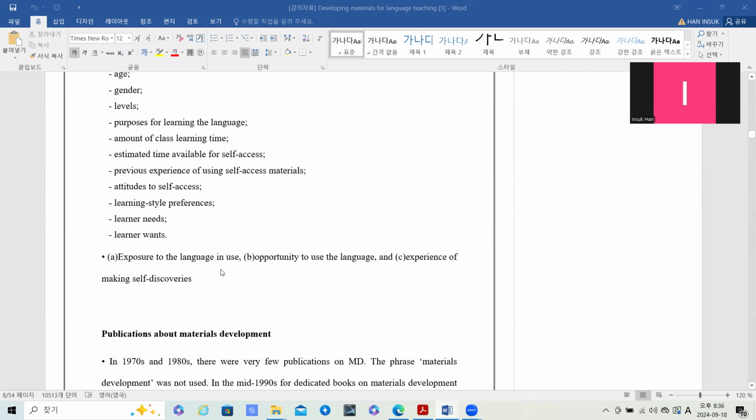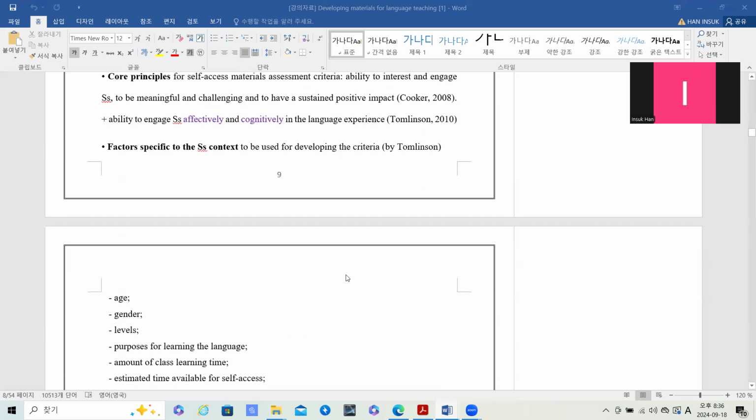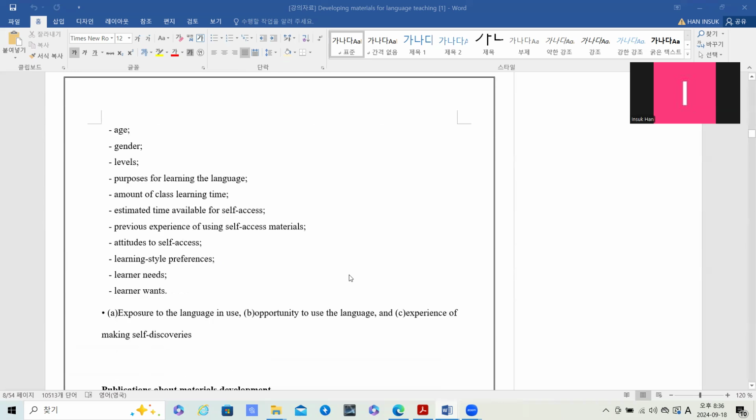Exposure to the language in use, opportunity to use the language, and experience making self-discoveries can also be good criteria to select good self-access materials.